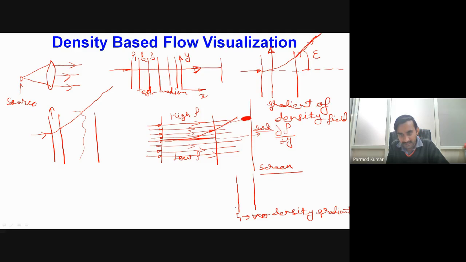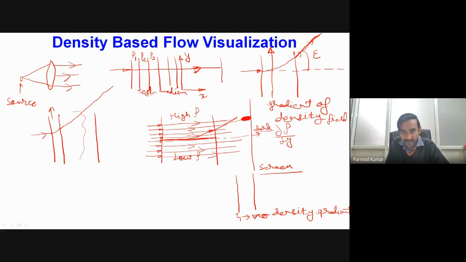So this was my intensity when we were considering that there is no density gradient. Now if I draw the intensity profile corresponding to the situation I have shown, in the bottom zone we will have a constant intensity, whatever was there earlier.